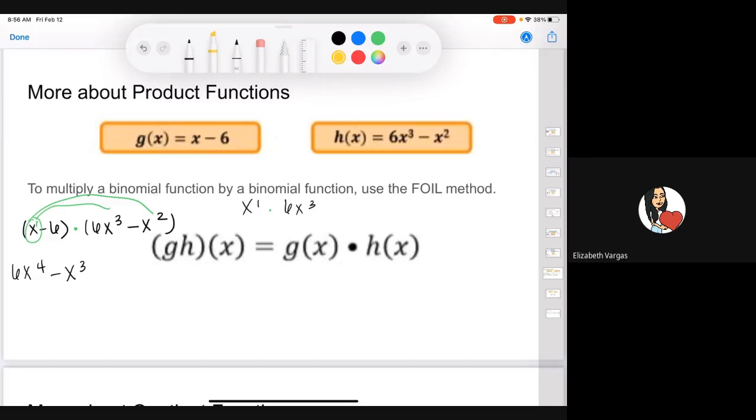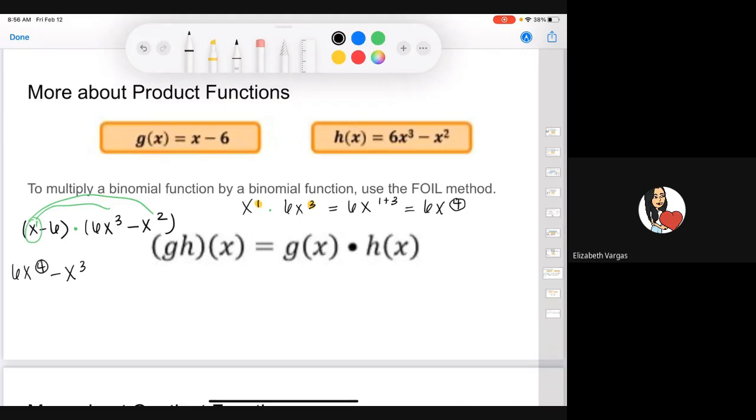What do we learn about exponents? If you have to go about multiplying them, then you basically just add the exponents. So that would give us 6x to the 1 plus 3, or 6x to the 4th. So that's how we get 4 here.